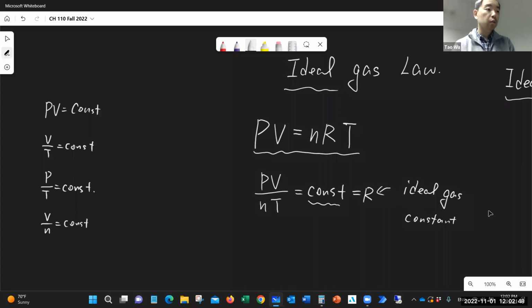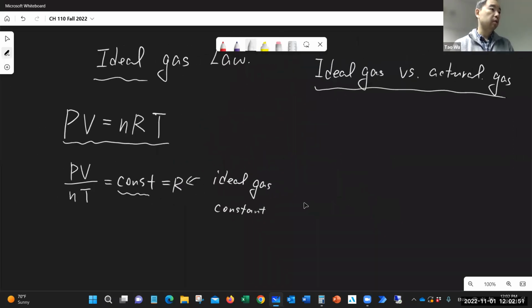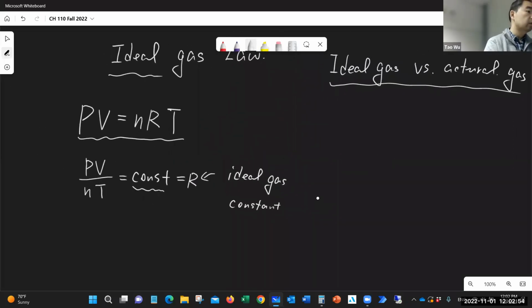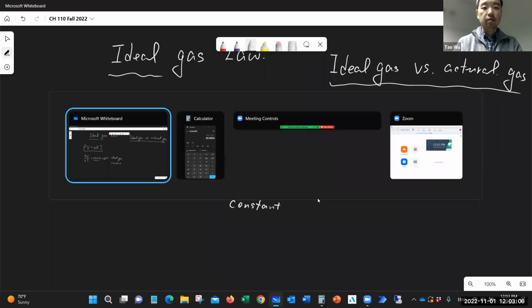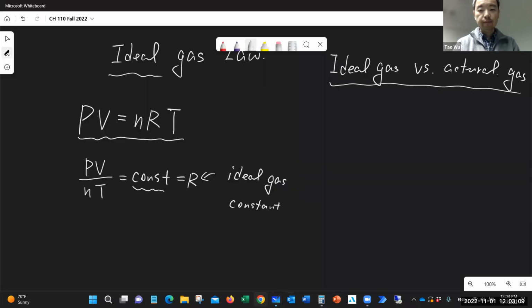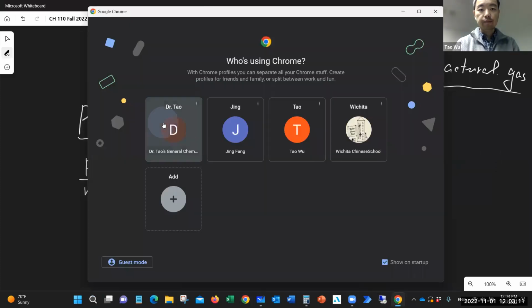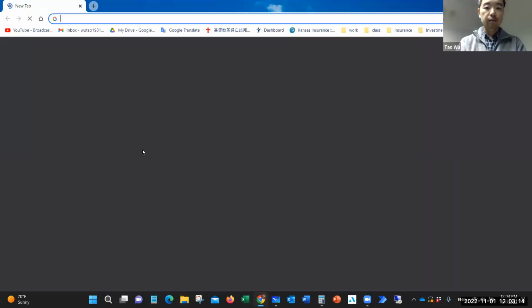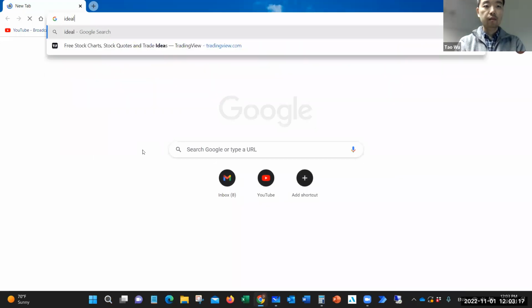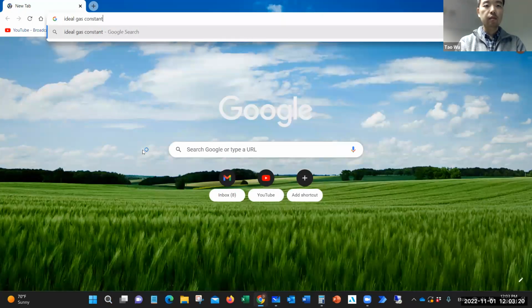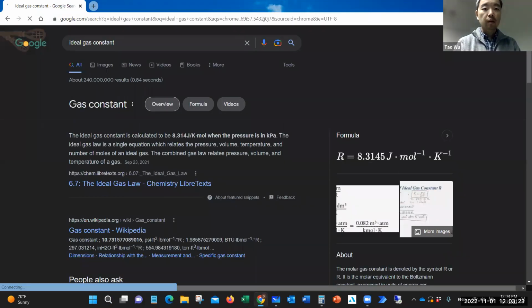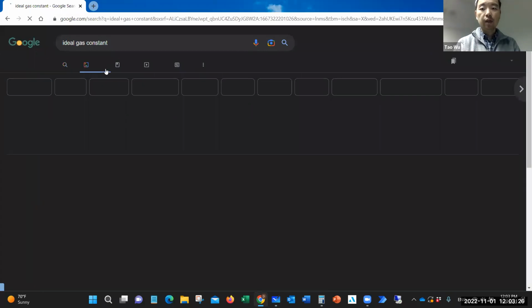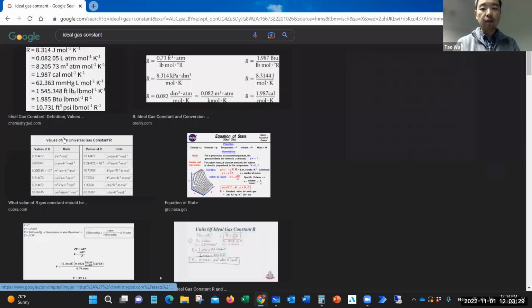We haven't talked about the ideal gas constant, but based on the previous equation, R is a constant. What is the value of this constant? If you search online, there are a lot of ideal gas constants.